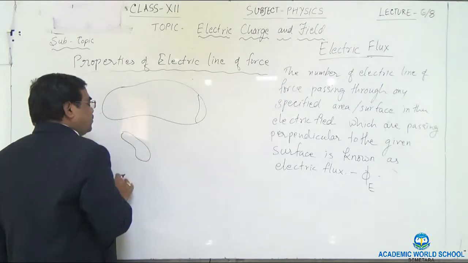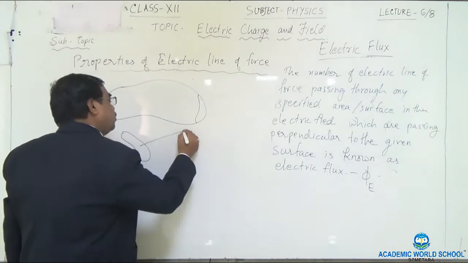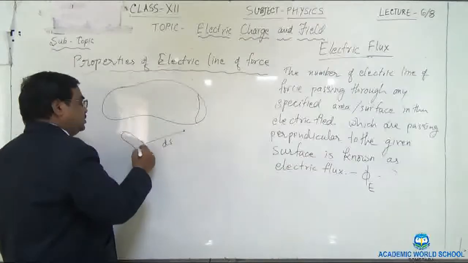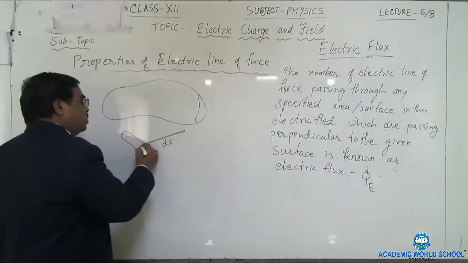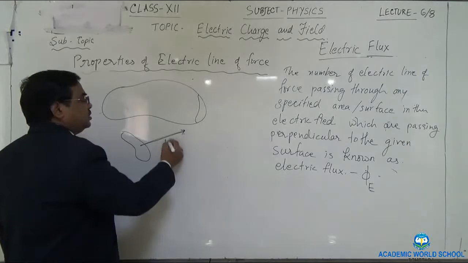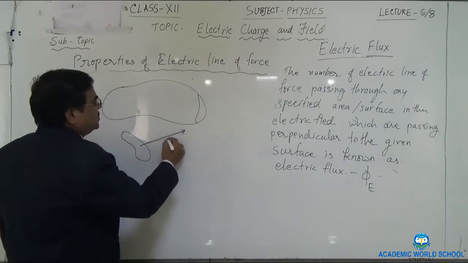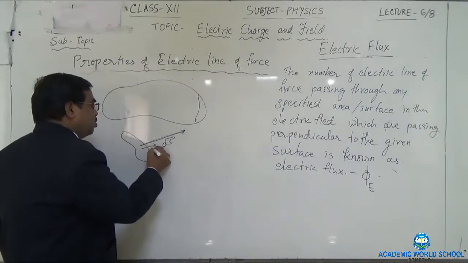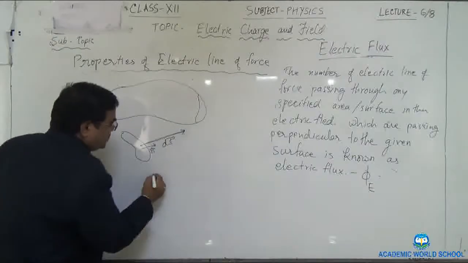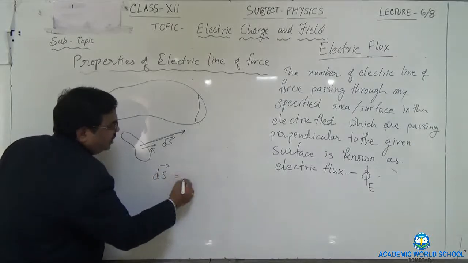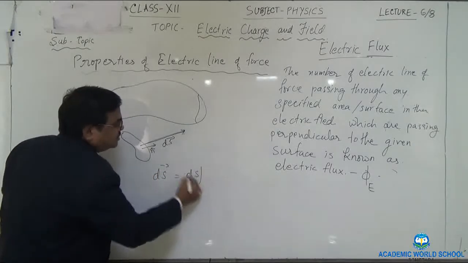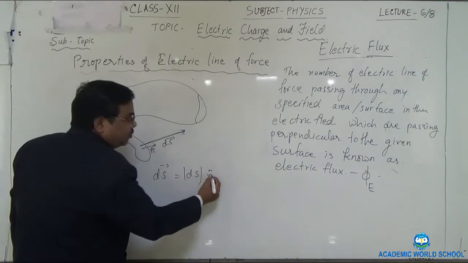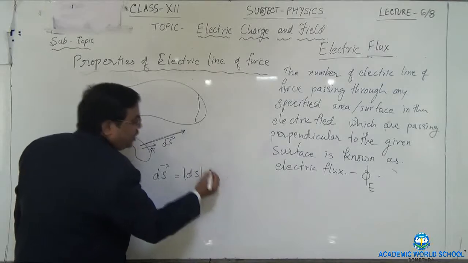So from this surface, we will take one perpendicular line. This is area vector. The line perpendicular to the given area in any direction will be always fixed. This is called area vector. One unit vector along this is n. So you can say ds vector is equal to ds, the area, into n vector. N vector is the unit vector of the area.